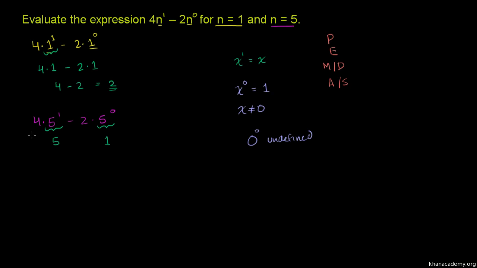And so this expression becomes 4 times 5 minus 2 times 1. Or 4 times 5 is 20, minus 2 times 1, that is 2. And this is equal to 18. And we're done.